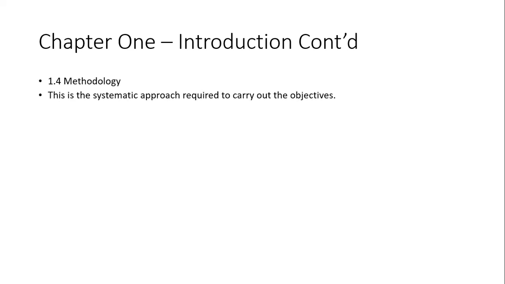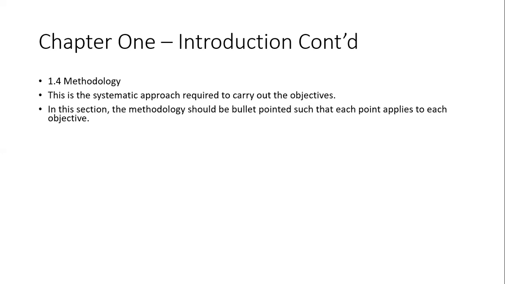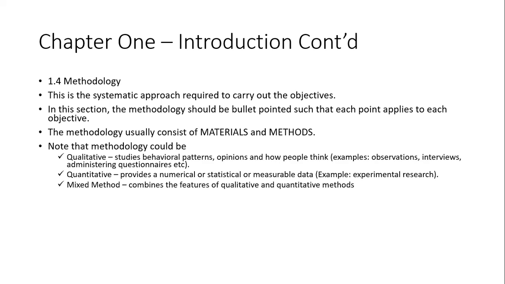Then the methodology. This is the systematic approach required to carry out the objectives. So should I have 3 objectives, then I should have 3 lines of methodology. Okay? In this session, the methodology should be bullet-pointed as well, such that each point applies to each objective. So the methodology usually consists of materials and methods.